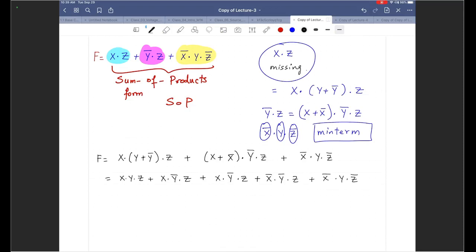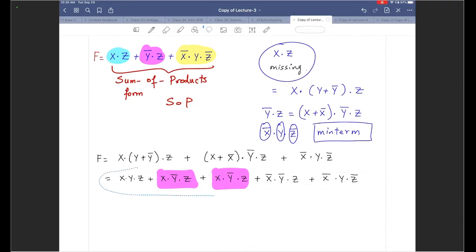Now some of these may be duplicates, and we can eliminate one of them. For example, if I look at this, this term is the same as this term. We only need one of them, so I'll just pick one of them and rewrite my last answer.